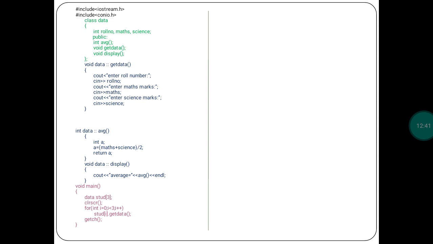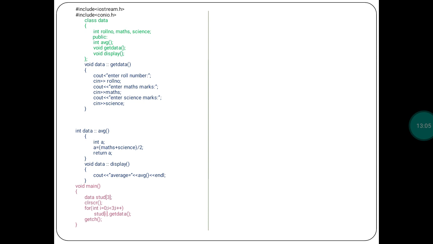Whenever you use an array, we have to write the for loop. So for int i = 0, i less than 3, i plus plus. Then stud of i dot get data; using the dot operator we call the member functions.